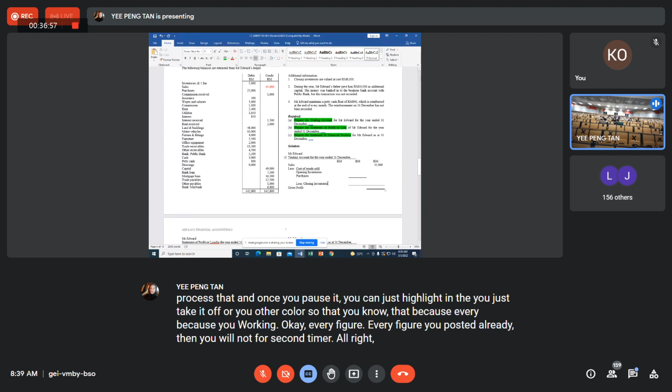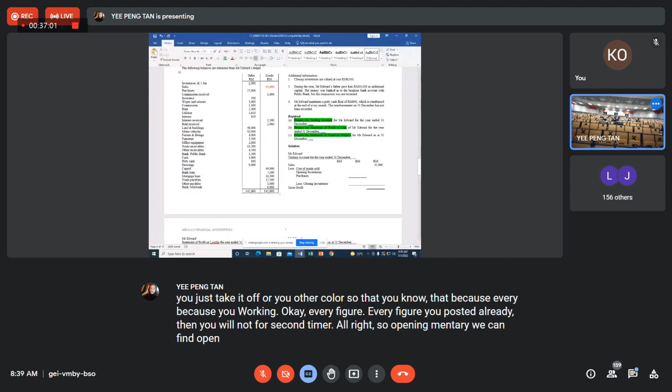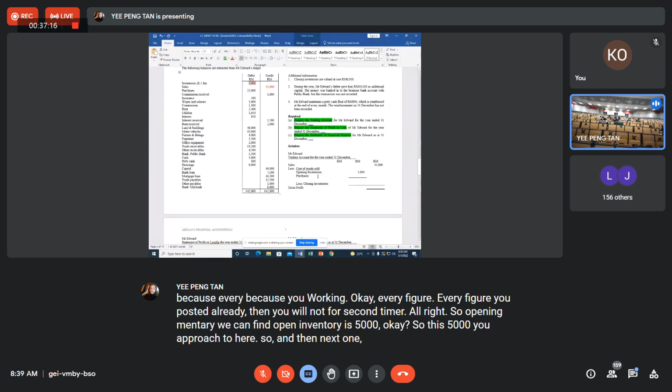All right, so opening inventory, we can find the opening inventory. This is 5,000, so you will post this 5,000 here. It's part of your cost of goods sold. And then next, after the opening inventory, you have to add in the purchases.